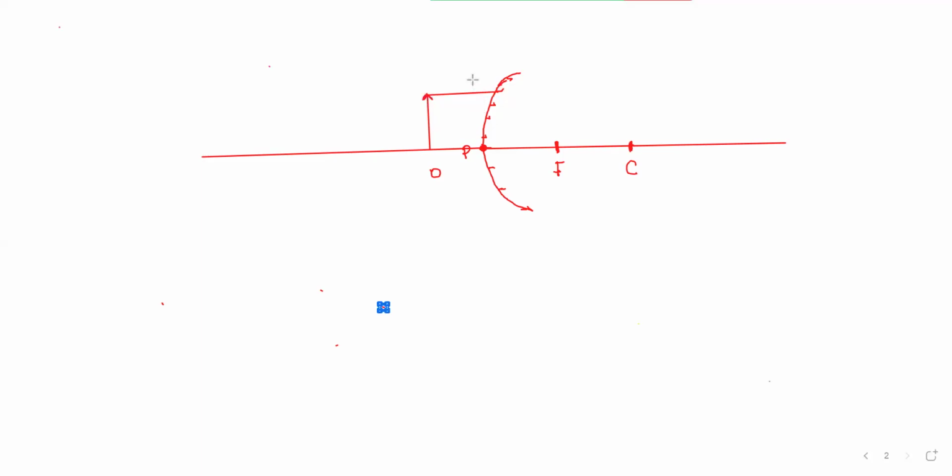This one diverges rays, but the diverged ray always appears to be coming from a point behind the mirror, and that is F. Now this point is really a virtual point.